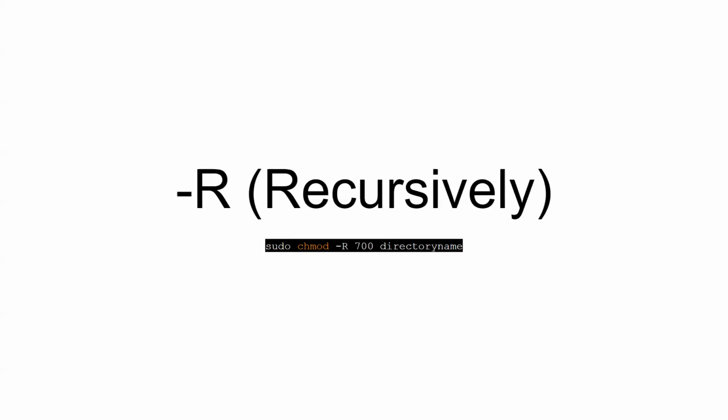For example, to give the owner of the directory read, write, and execute permission, give all other users no permissions, and apply these permissions recursively to all the files and directories within the directory, we use the following command: sudo chmod -R 700 directory name.